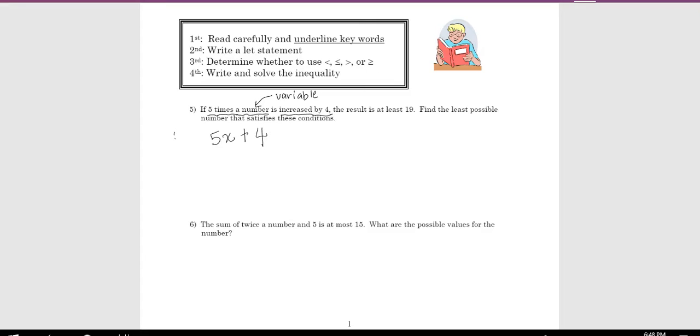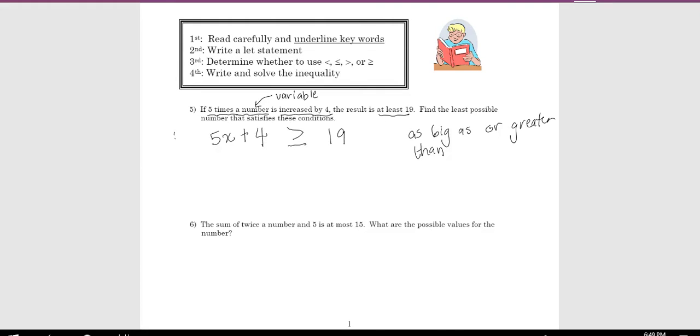And the result is at least 19. So I'm just underlining important words. At least means it cannot be smaller. It has to be as big as or greater than, which uses greater than or equal to. So there's our inequality statement.